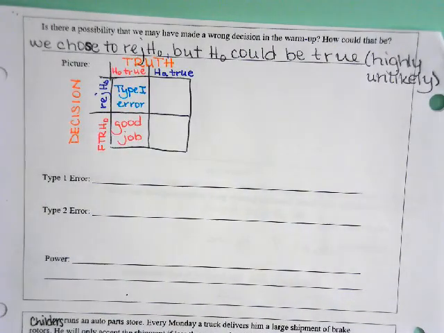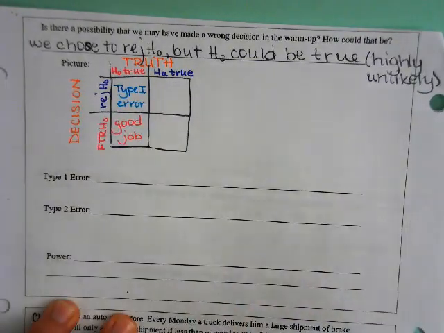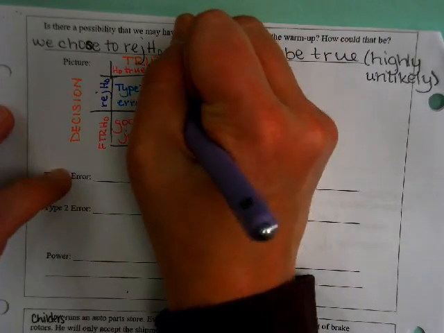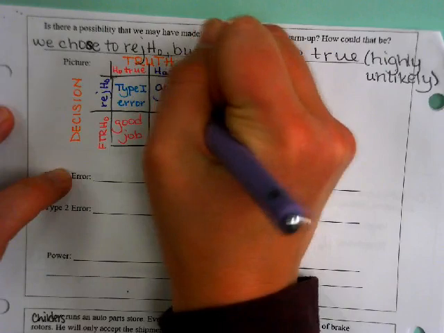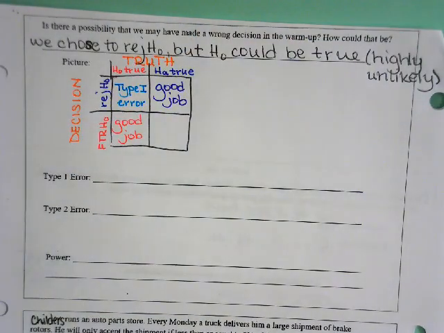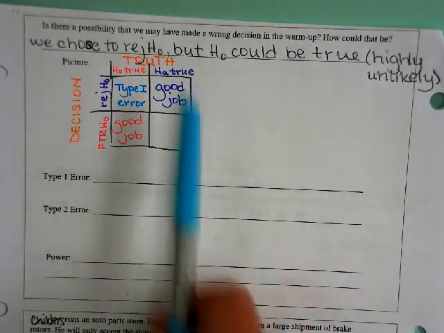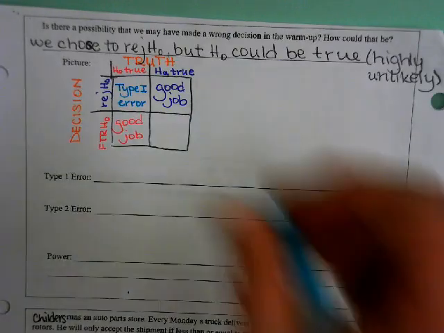If the alternative is true and we reject the null, that's also a good job. If the alternative is true and we fail to reject the null, that's a type 2 error.